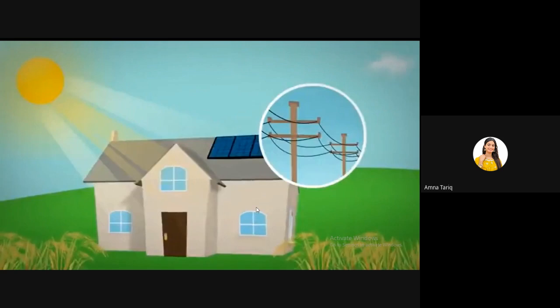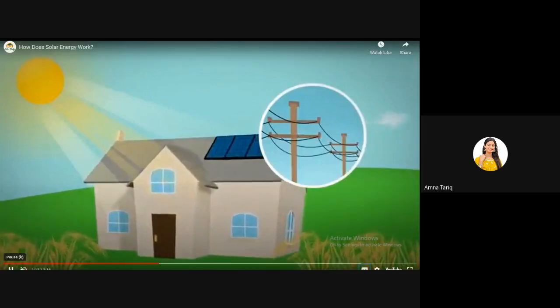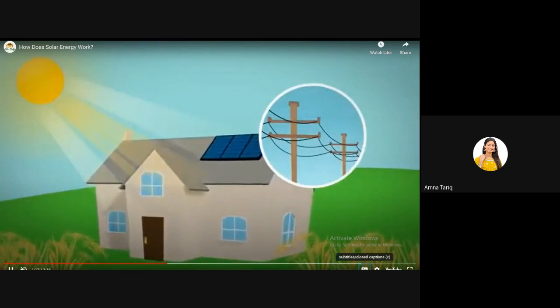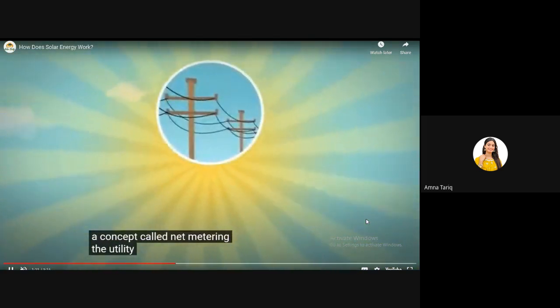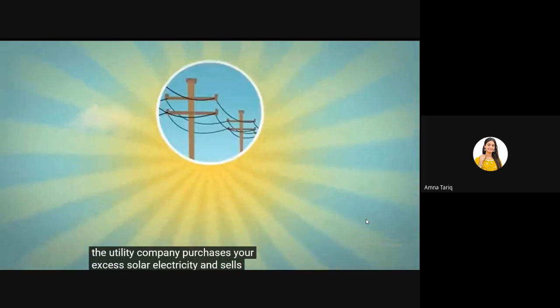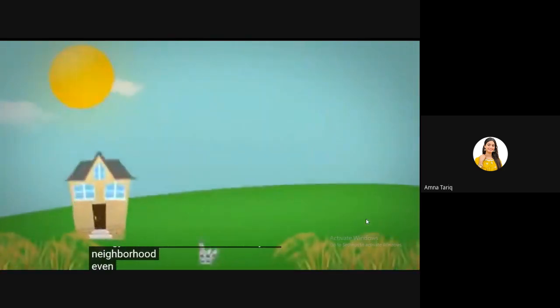DC means direct current, AC means alternating current. And next, the extra energy we use for different purposes.